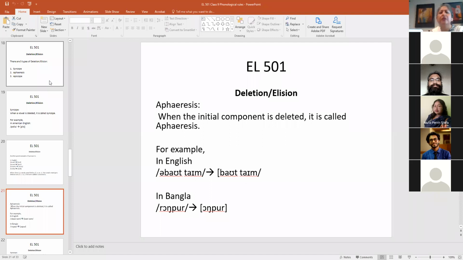'Bout time you're here. Again, it's always the unstressed vowel that usually gets deleted. Now in Bangla, in our dialectal Bangla, people from Rangpur say we are from Ongpur, right? The ra gets deleted. That is again an example of apheresis. Here a consonant is getting deleted, and in the English example, a vowel is getting deleted.